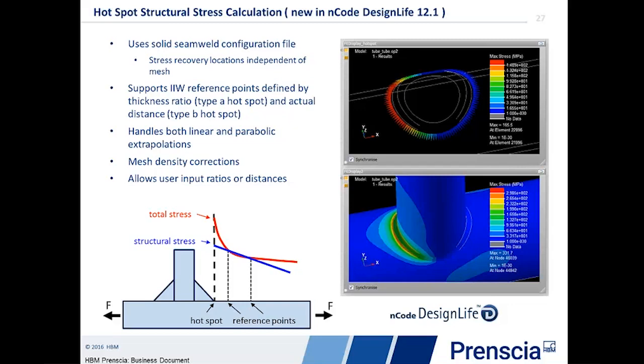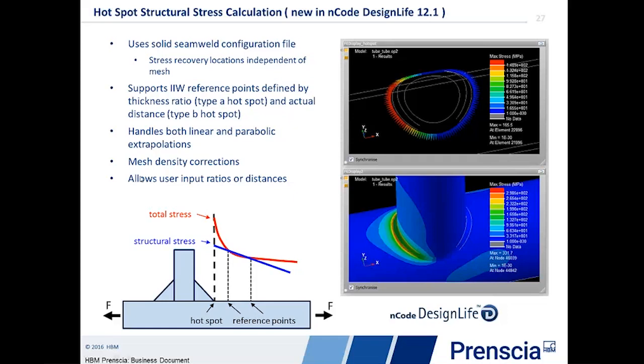So the locations for these recovery points are totally independent of either the node or element centroids. We're going to use that weld configuration to identify the reference points in front of the weld toe, recover the stresses from the FE model at those locations, and then extrapolate them up.